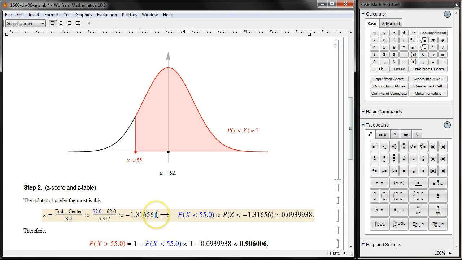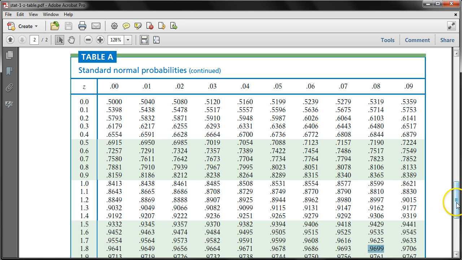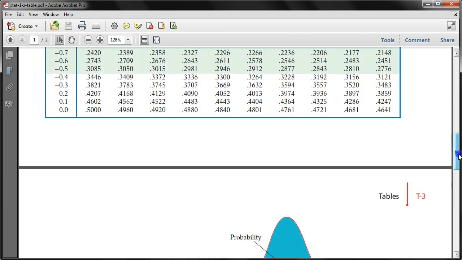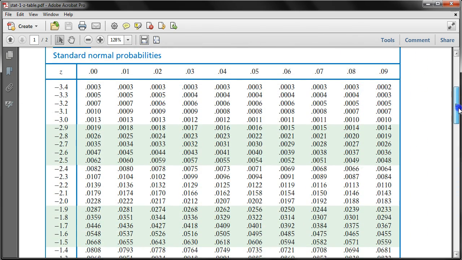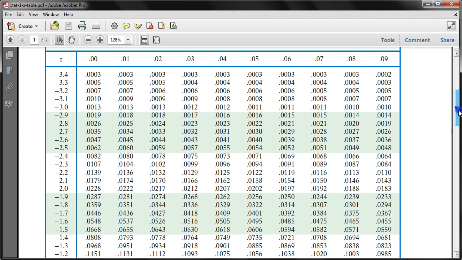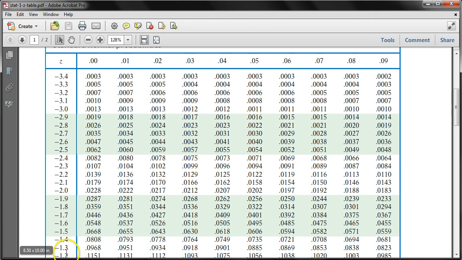Looking up the probability for the z-score of negative 1.32, you're going to get the probability to the left. Negative 1.3, you have to look at this column, and 32, so here, 0.0934. So that is the probability.